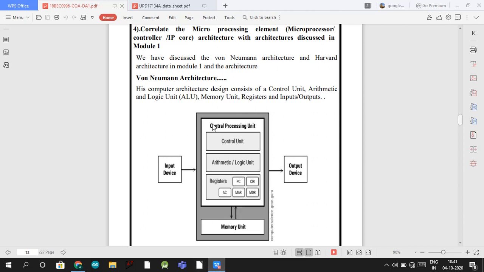The central processing unit has the control unit, arithmetic logic unit, and some registers. So in the block diagram, we see the central processing unit includes the control unit, arithmetic logic unit, and the registers. So we can conclude that the UPD17134A has the von Neumann architecture.